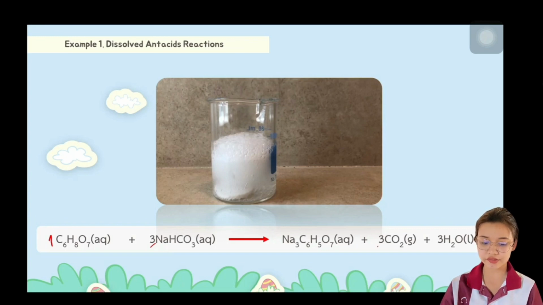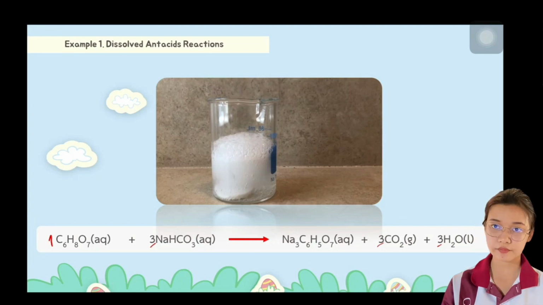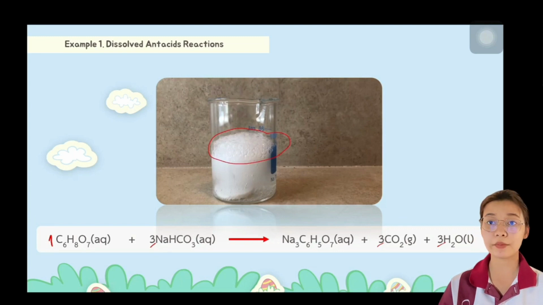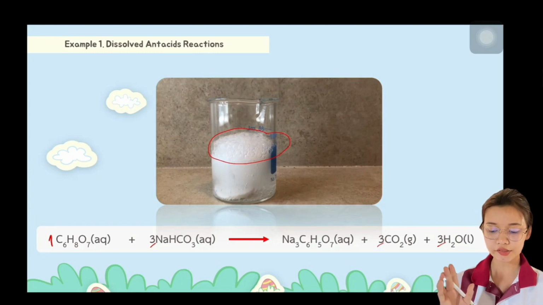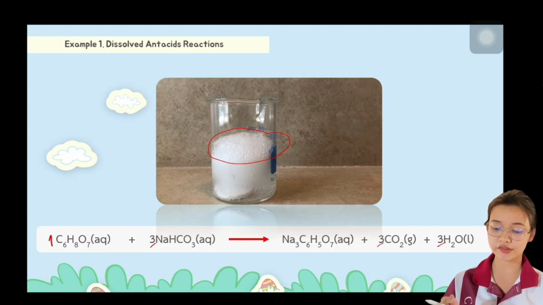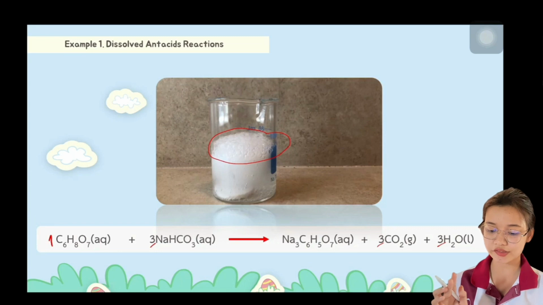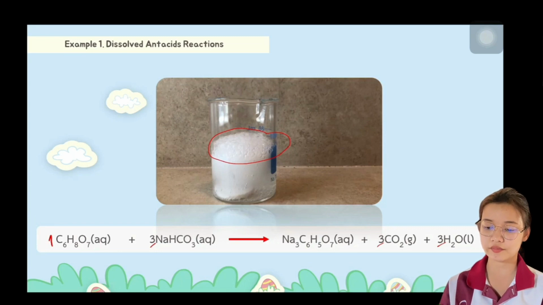The products are 1 mole of sodium citrate, 3 moles of carbon dioxide, and 3 moles of water. The gas bubbles you see in the video clip are carbon dioxide gas. It is known from the chemical equation that the products occur in the gaseous state.